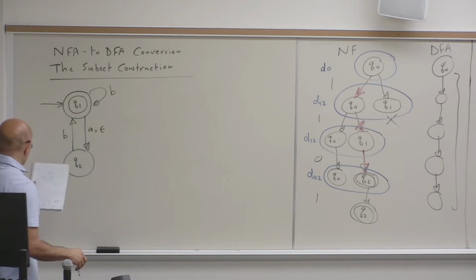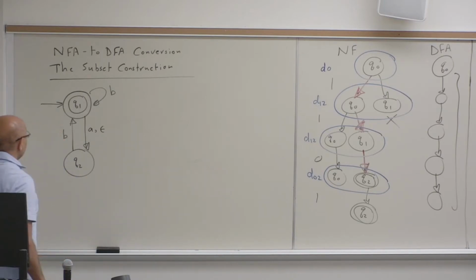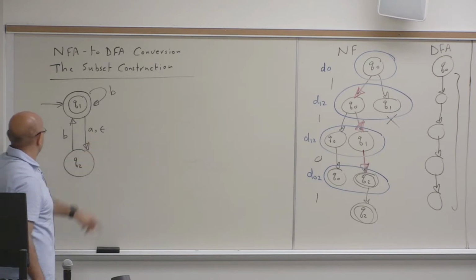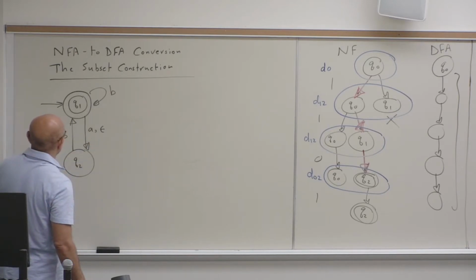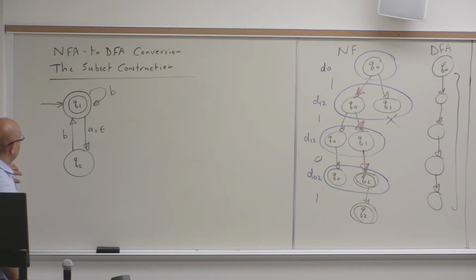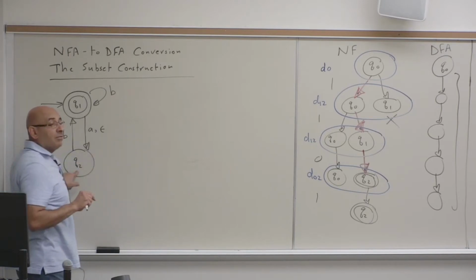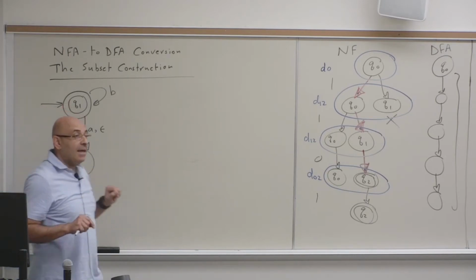Okay, so clearly this is an NFA, not a DFA, because I have an epsilon transition. And what else makes it an NFA? It doesn't say what to do with Q2 on A. Yeah, exactly. There is no A transition out of Q2. So this is an NFA.